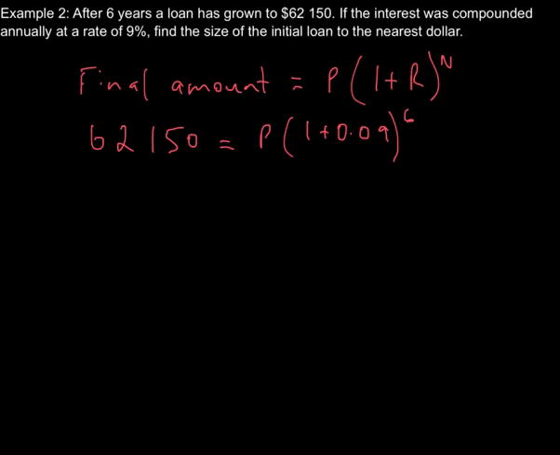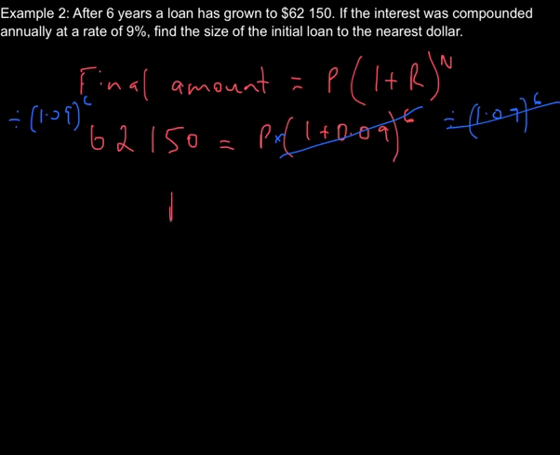Now, actually there is a multiplication in between the P. So what we're going to do is divide both sides by 1.09, put it in brackets, to the power of 6. 1.09 to the power of 6, and that's going to cancel that off, and we'll be left with P on its own.